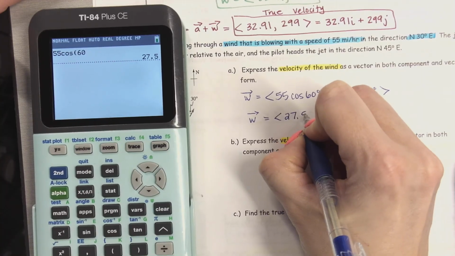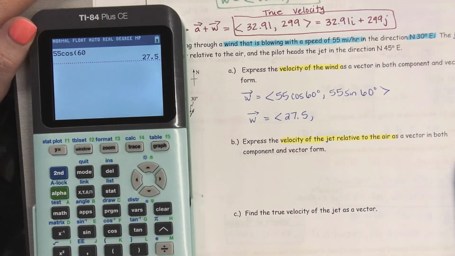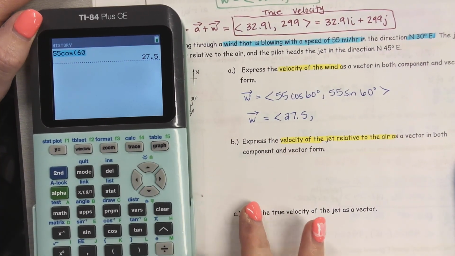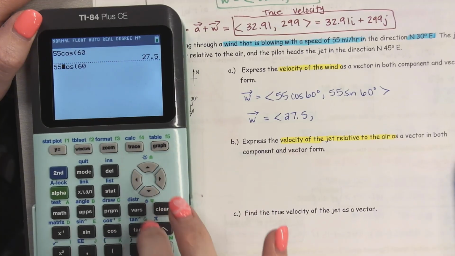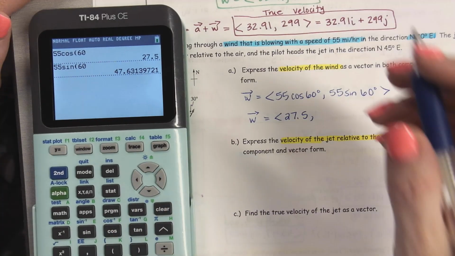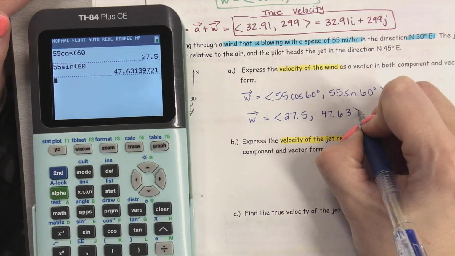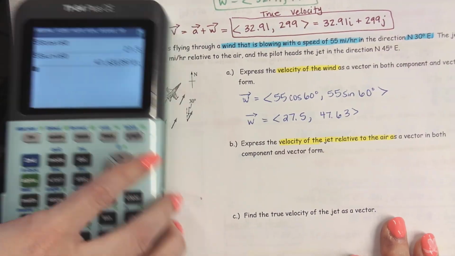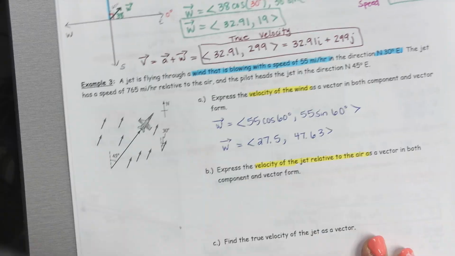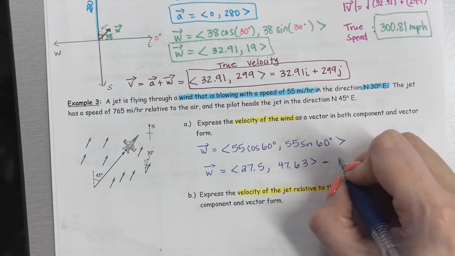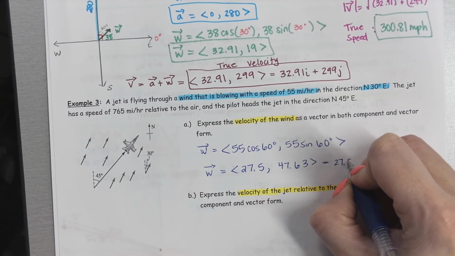Okay, so we get 27.5 here. We get 47.63. Okay, and it does say in both component and vector form, so we just express it in both forms.